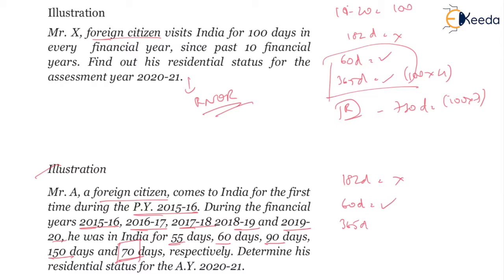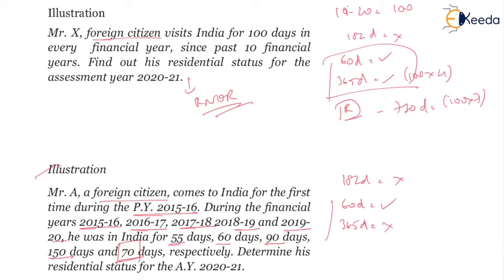What about the 365 days over here? For 365 days, we need to add up 55, 60, 90 and 150. 55 plus 60 plus 90 plus 150 is 355 days. 355 days is less than 365 days.